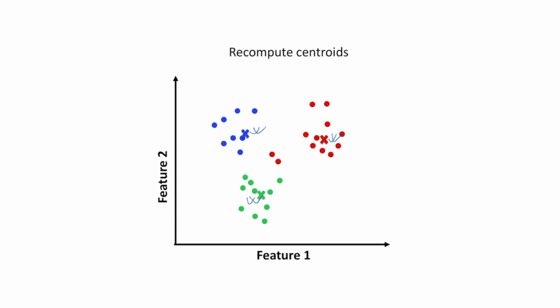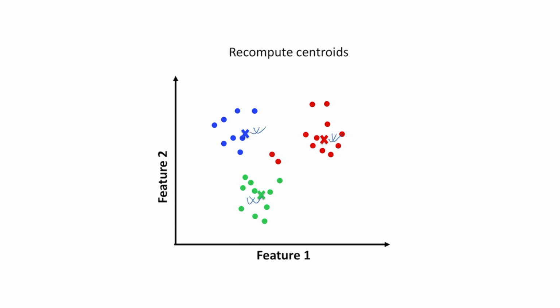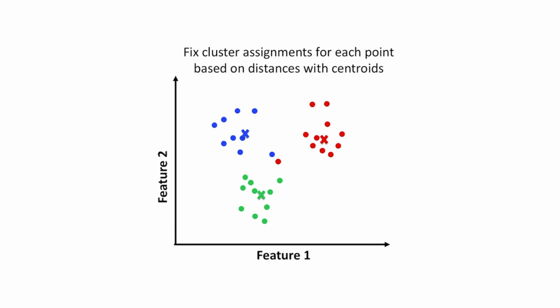After we recompute the centroids, then it is time again to check the cluster assignments of each point. So what we do is we try to fix the cluster assignments, and we find that this point should be assigned to the centroid of the blue region or the blue cluster, and this is what we do.